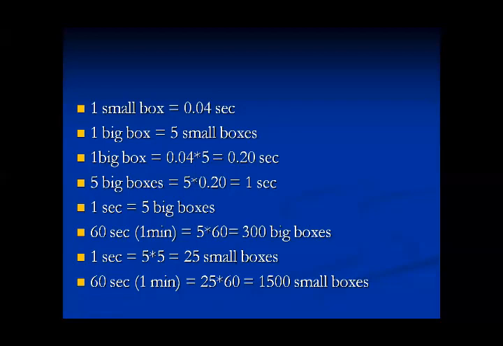Now, if 1 second is represented by 5 big boxes, then 60 seconds would be represented by 5 into 60, that is 300 big boxes.